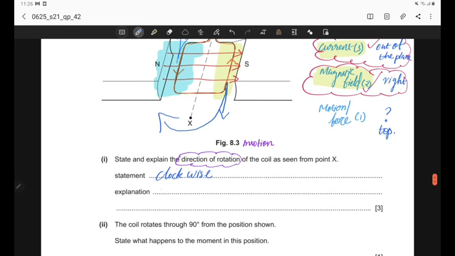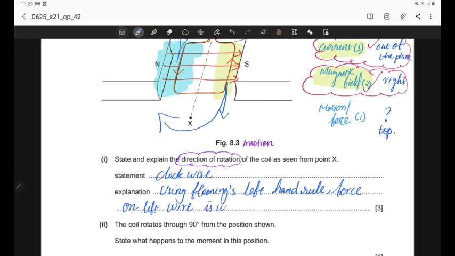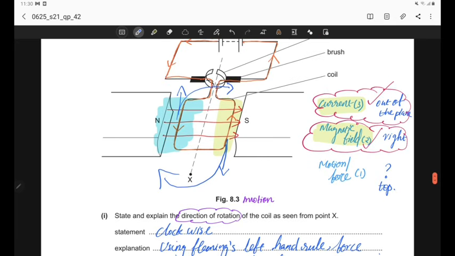So as an explanation we can write: using Fleming's left hand rule, force on left wire is upwards and force on right wire is downwards. Here on the figure also you can indicate or label the force. Here also you can indicate force which is acting downwards.